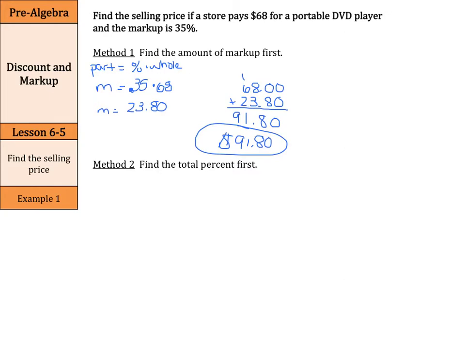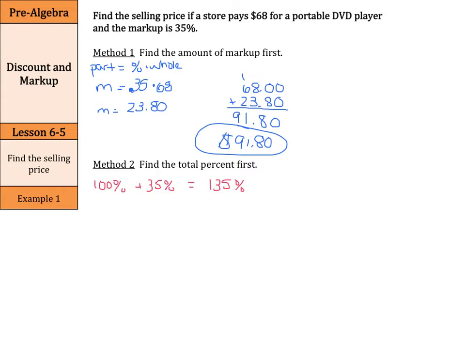But we can use another method to find this, and that's method 2, where we find the total percent first. We can still use the percent equation, but first, if we take 100% of the price, we know that's going to be $68. And if we add the markup percentage to that, 35%, that means our selling price is going to be 135% of the price the store paid.